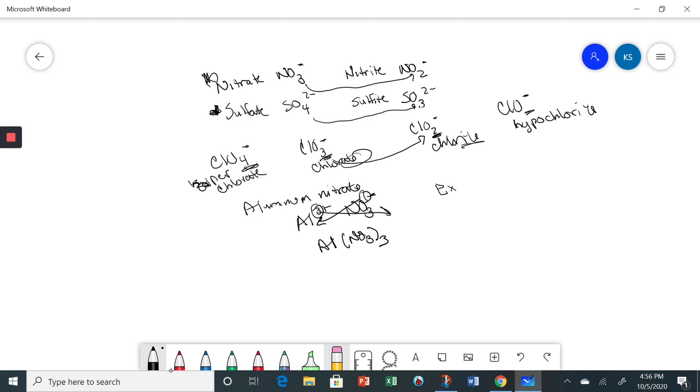Things to be careful of. Exceptions to the ending in ITE and ATE. We have hydroxide. That's a polyatomic ion. Ooh, it ends in IDE. Ooh, careful, careful. It is OH minus. Written that way, not HO, OH minus. Okay, calcium hydroxide.